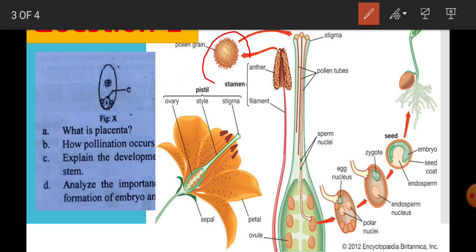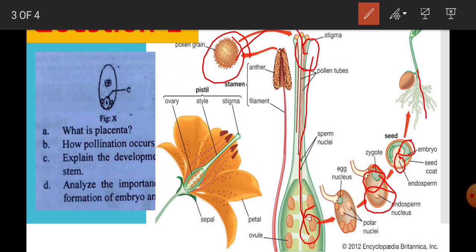These pollen grains are developed by microsporogenesis, and they are passed to the stigma, and they fuse with the egg cell and form the zygote, and 2 sperm cells come, one of which forms the endosperm nucleus, and this endosperm nucleus nourishes the embryo during the seedling time to develop a new tree.